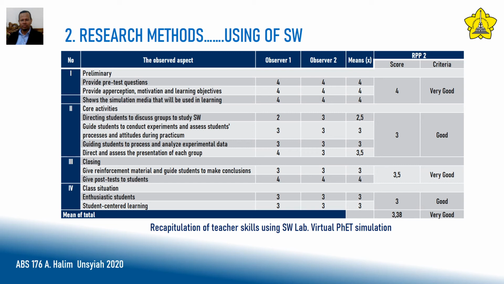For observer 2, same as observer 1, the preliminary step is all very good, and then core activity is good, and then closing activity I think very good, mean 3.5, and the last, classroom situation, closing is good.